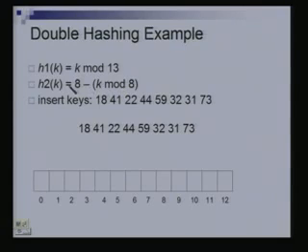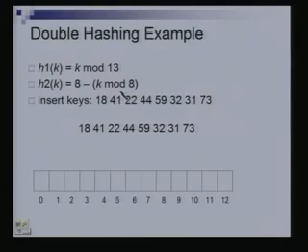So it will always be a number between 1 and... no, it cannot be 0 because k mod 8 lies between 0 and 7. So it is between 1 and 8. 0 does not make any sense, right? If it is 0, then we are in trouble. If h2(k) is 0 for some k, then that means that you are continuing looking at the same place, and if that place were occupied, then you cannot insert the element at all.